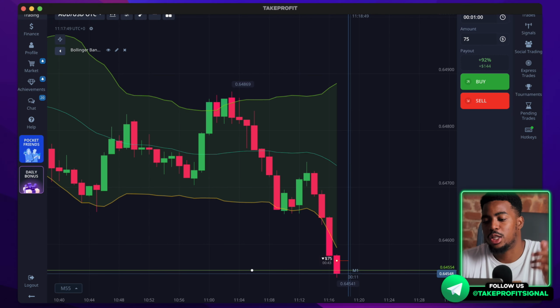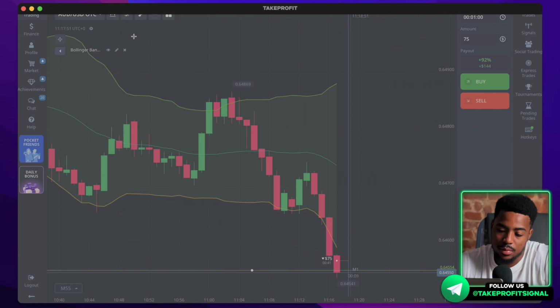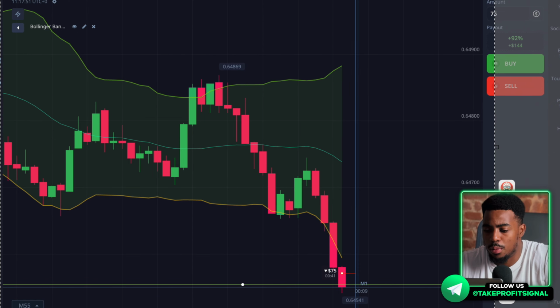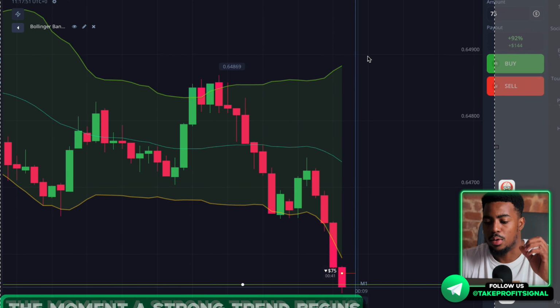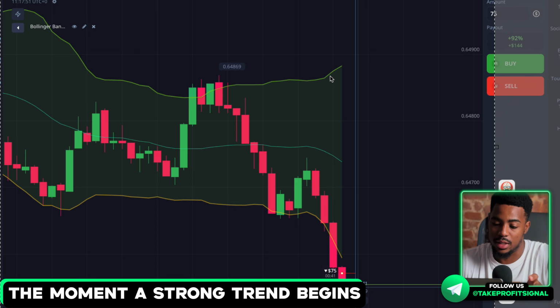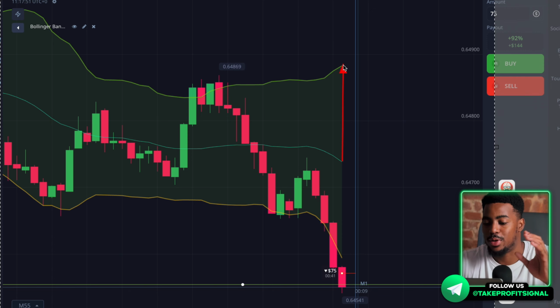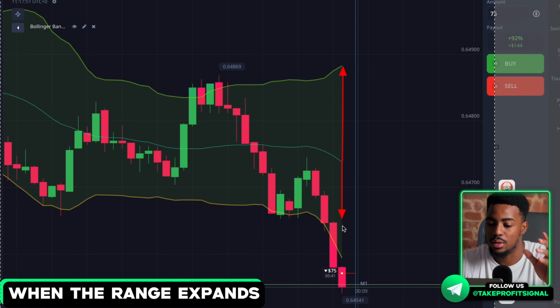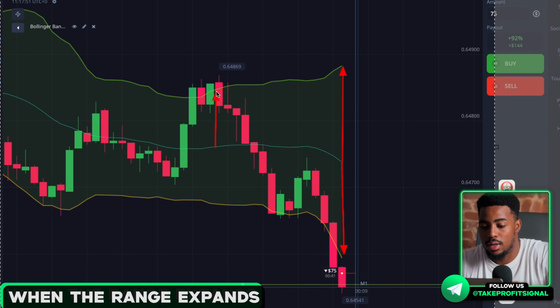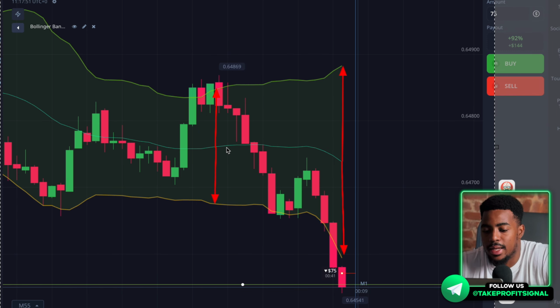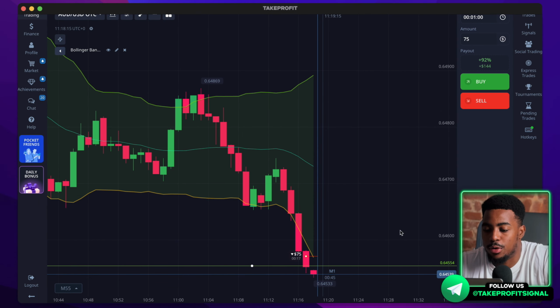Why did I open a trade for a downward movement here? Look, Bollinger Bands is a great indicator that allows me to determine the moment when a strong trend begins. This moment appears precisely when our range expands. Look at the trading range displayed between the upper and lower boundaries, and how much larger that range is at this point.